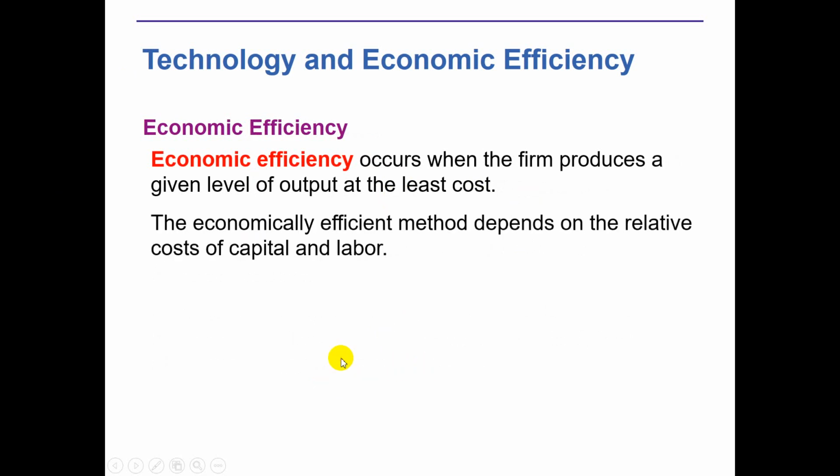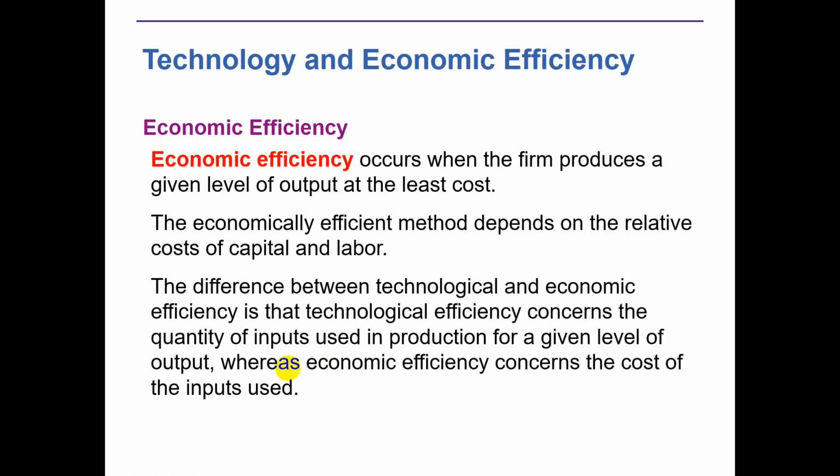So if the firm is using the least cost method, they are economically efficient, and it depends on the relative cost of capital and labor they use. So the difference between technological and economic efficiency is that technological efficiency concerns the quantity of input used in production for a given level of output, whereas economic efficiency concerns the cost of the inputs used.